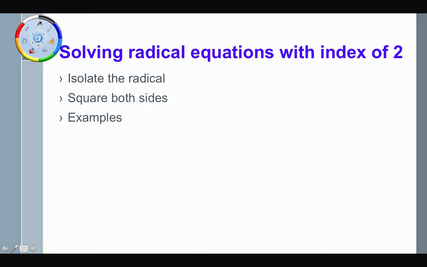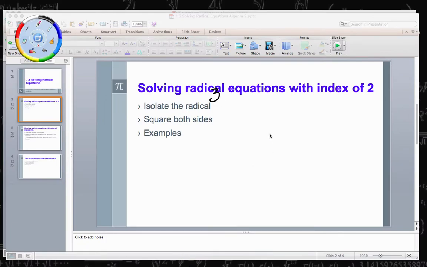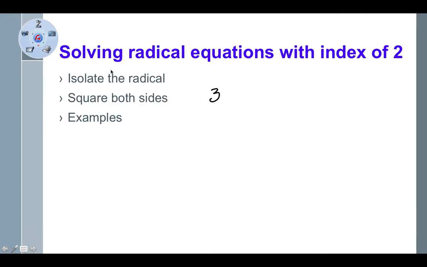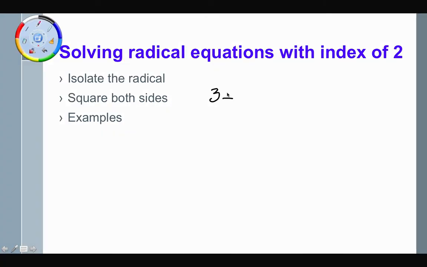So looking at our first example, a very simple one: 3 plus the square root of x is equal to 10. We're going to follow our rules here. We're going to isolate the radical.